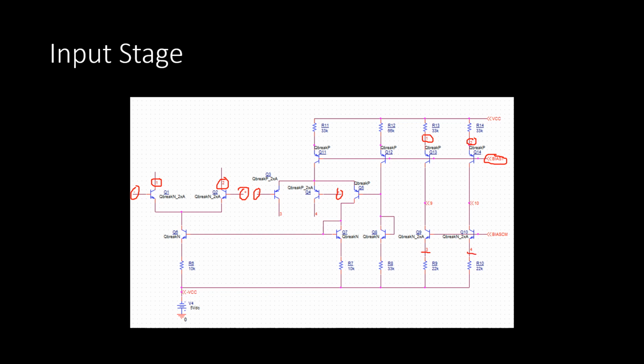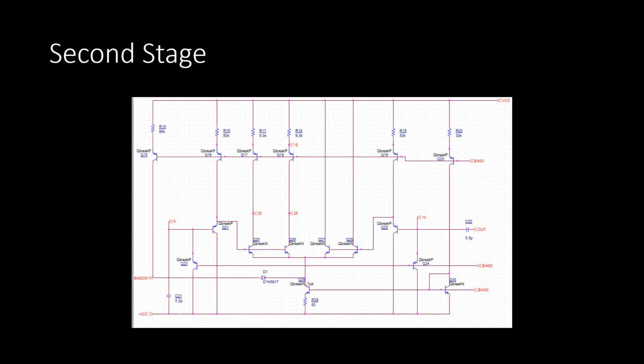It was found that most of the gain was achieved in this input stage. The outputs are found here at node 9 and node 10. The inputs from the first stage to the second stage are here at node 9 and here at node 10.